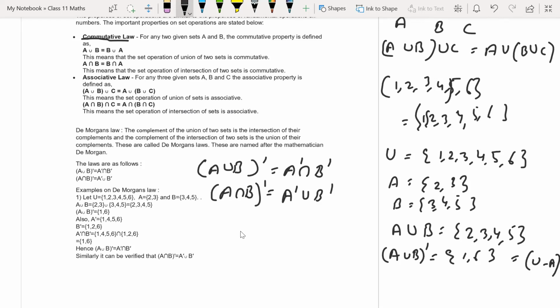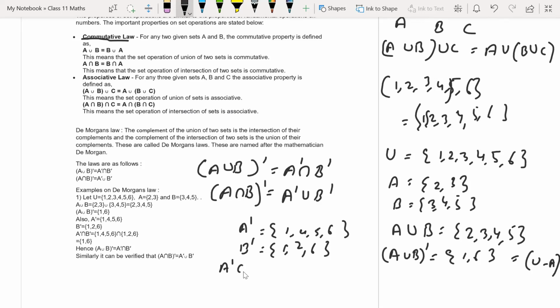Now, what is the complement of A? A is 2, 3, and the universal set is 1, 2, 3, 4, 5, 6. Then the complement of A is 1, 4, 5, 6. And the complement of B: B is 3, 4, 5, so the complement of B is 1, 2, 6.